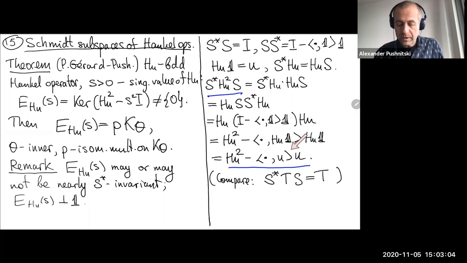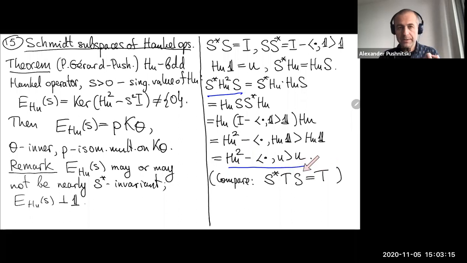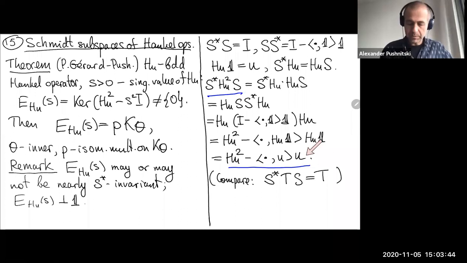So the heuristics here is that really the spectral theory of squares of Hankel operators is a bit like the rank 1 perturbed spectral theory of Toeplitz operators. Okay, so this is why the results, for example, for eigenspaces of Toeplitz operators should be compared to Schmidt subspaces, not eigenspaces of Hankel operators. Okay, so the result, as we will see, is the same in terms of the structure, but the proof is a little bit more complicated because of this rank 1 business, this rank 1 perturbation.